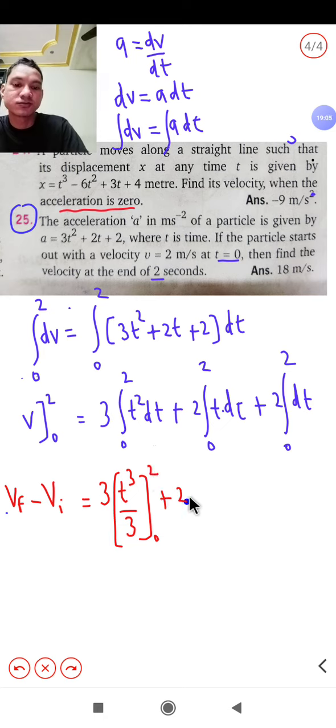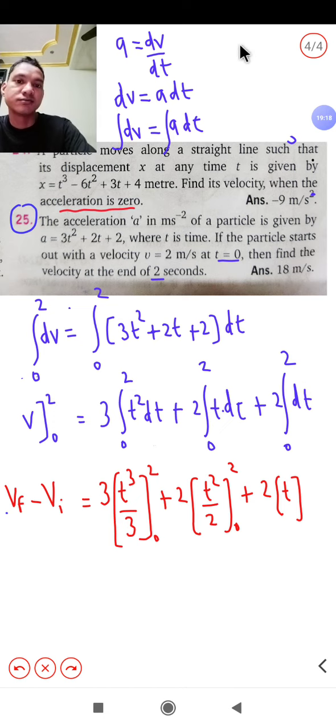Here the power is 1, it will become 2, the same number will come into the denominator, 0 to 2. Here nothing is there, so only t will appear. Integration of dt is t.